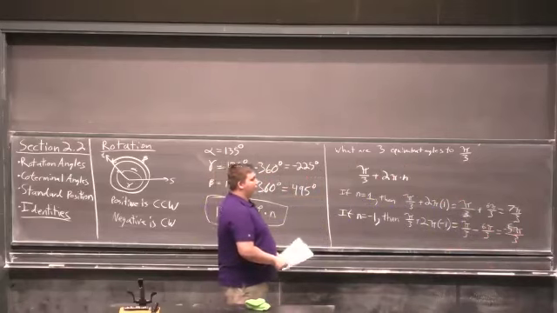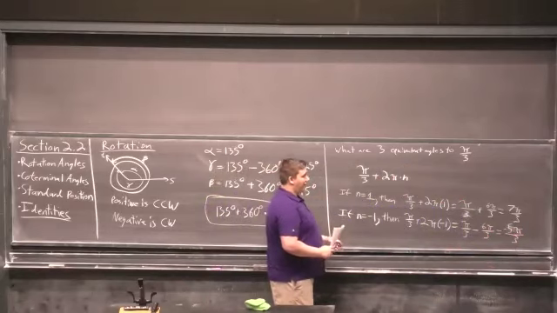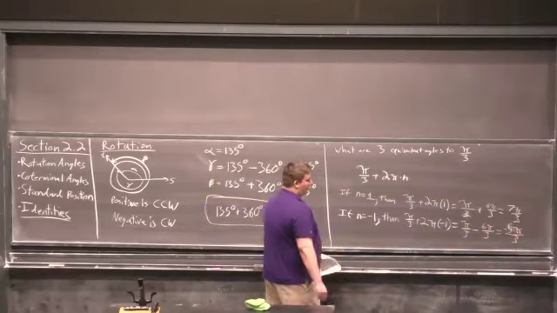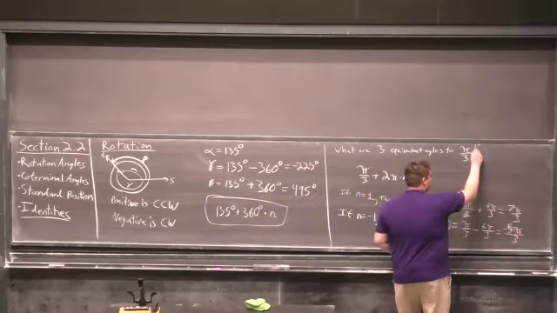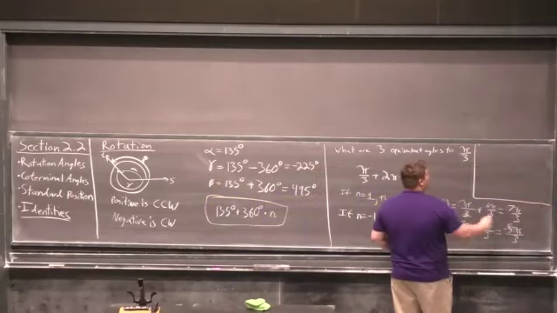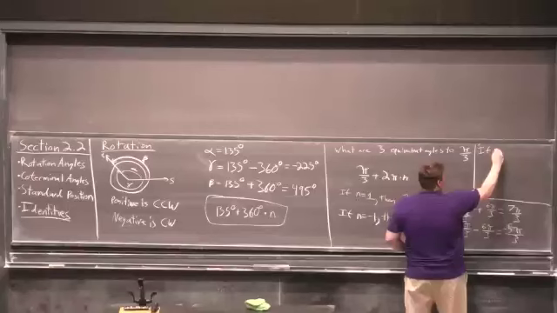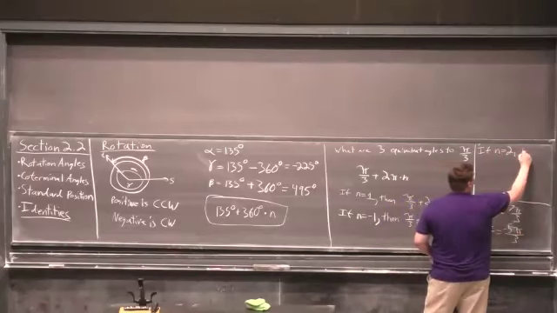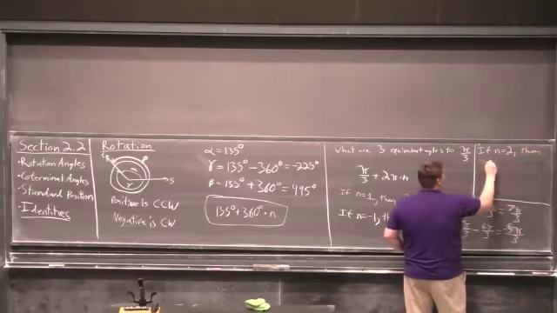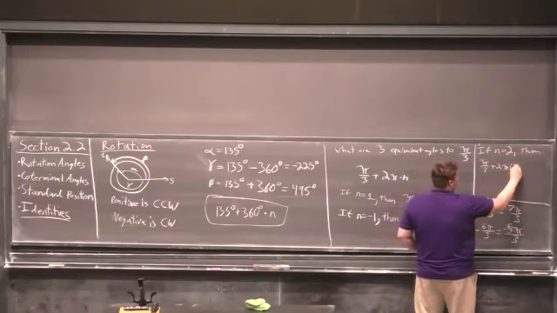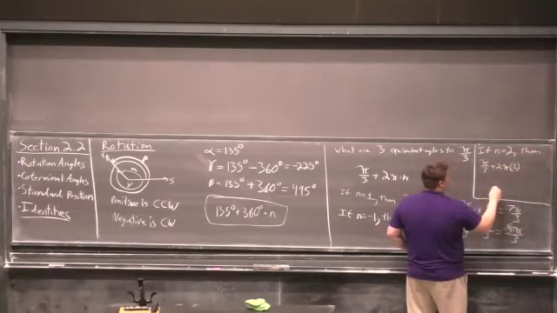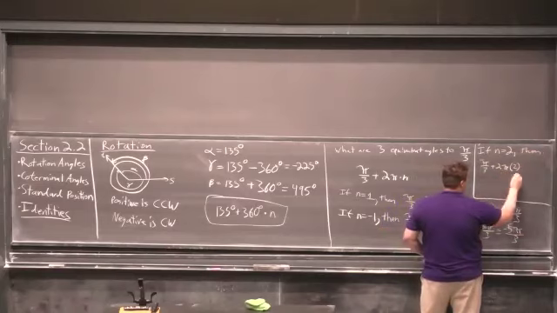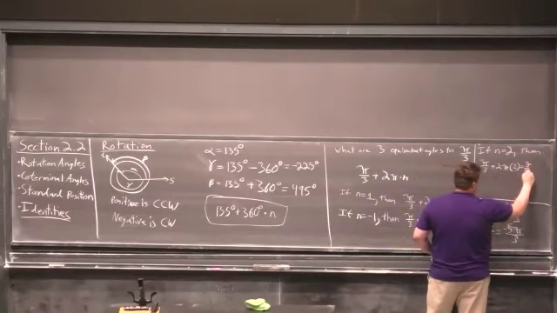And now we could find the pattern for the last one. Let's do it over here in this box. If n is equal to, let's say, 2, then pi over 3 plus 2 pi times 2. So we have pi over 3 plus 4 pi.